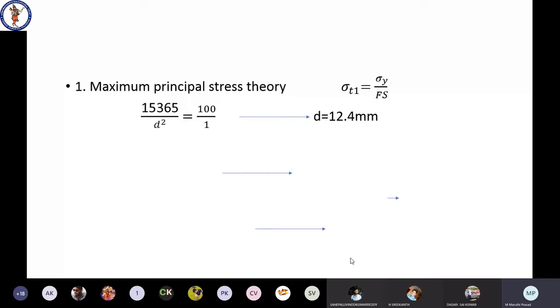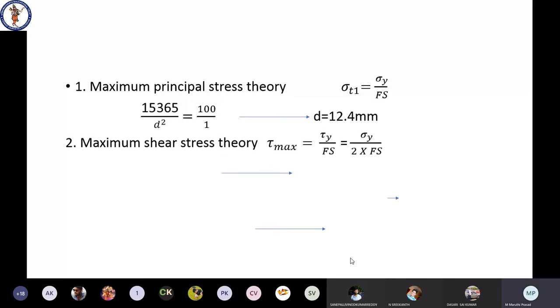Fs is factor of safety, sigma Y is yield stress, and sigma T1 is maximum principal stress. Substitute all these values in the equation. We have only one unknown, that is d. So from this equation we get d, the diameter of the bolt, as 12.4 mm.